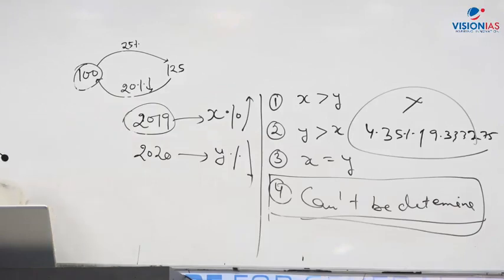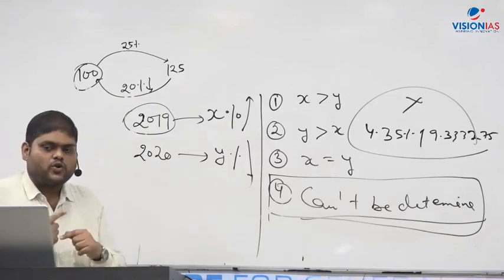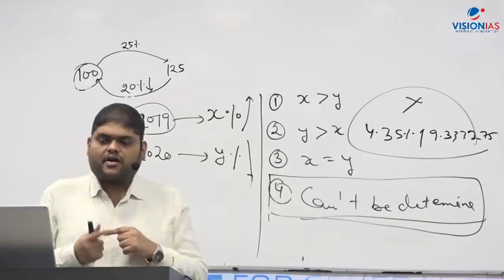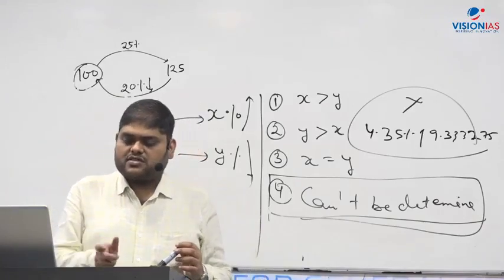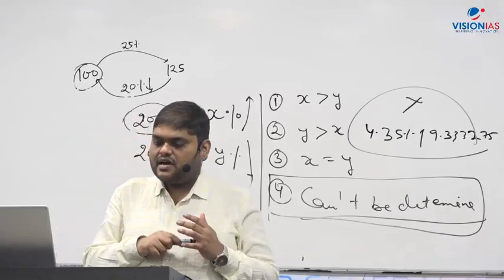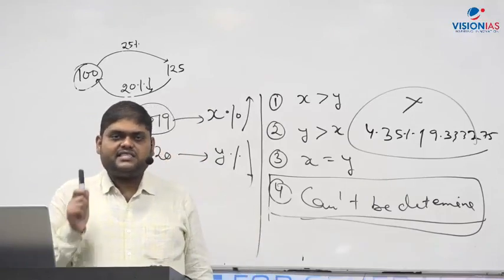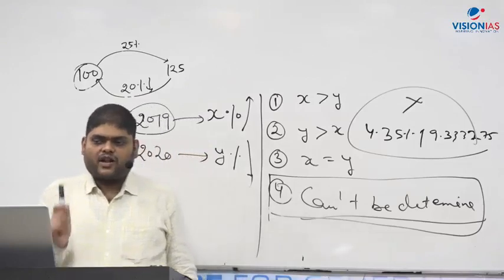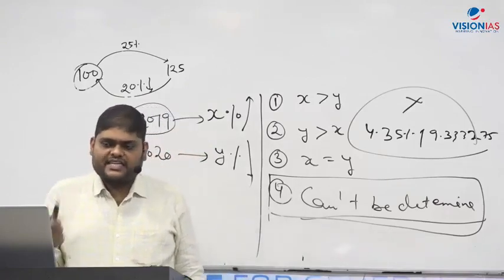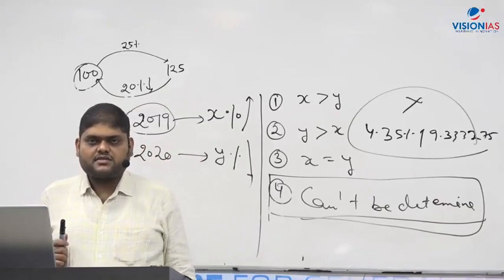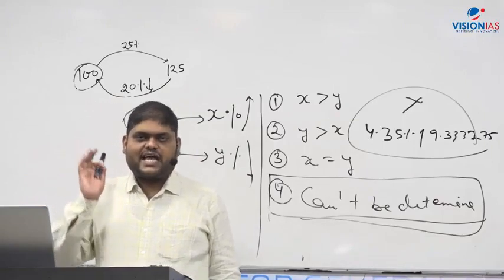And why is maths easy? Because we know the basic concept. If you know the basic concept, we can say that maths is the easiest subject. The problem is, we don't know the language of maths, and nobody tells us the language of maths.